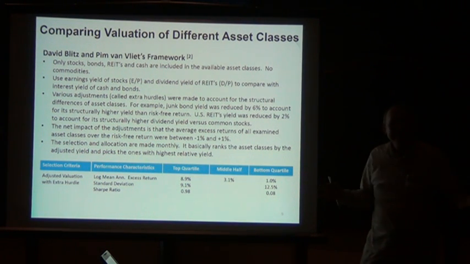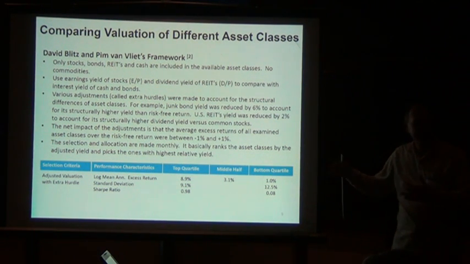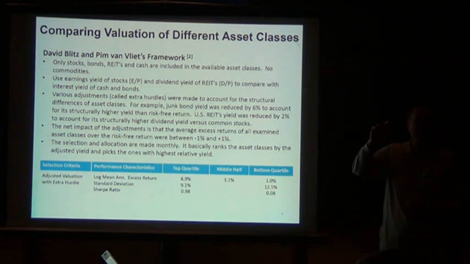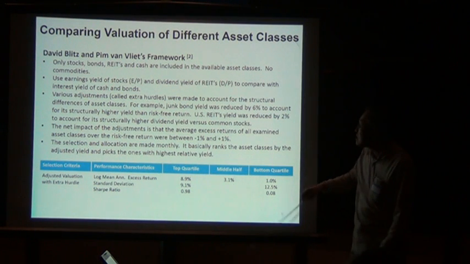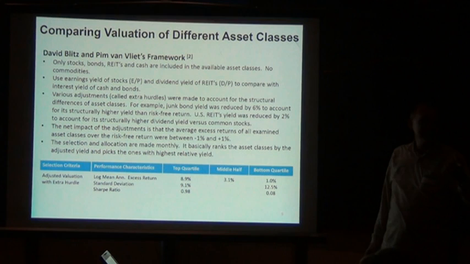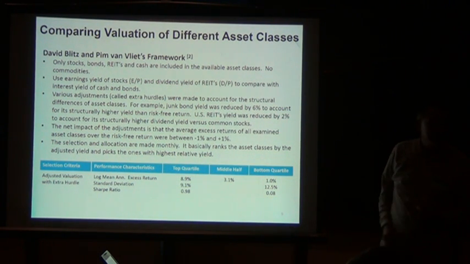And any day, the junk bond yield will be higher than the treasury yield. So if you don't make these adjustments, it will cause you to always choose junk bond. But the junk bond today, the yield over treasury is probably only about 450 basis points, versus say during the financial crisis it was probably 2,000 basis points.